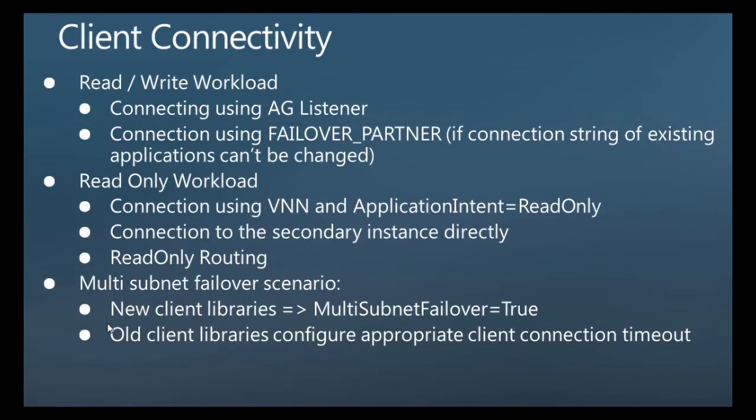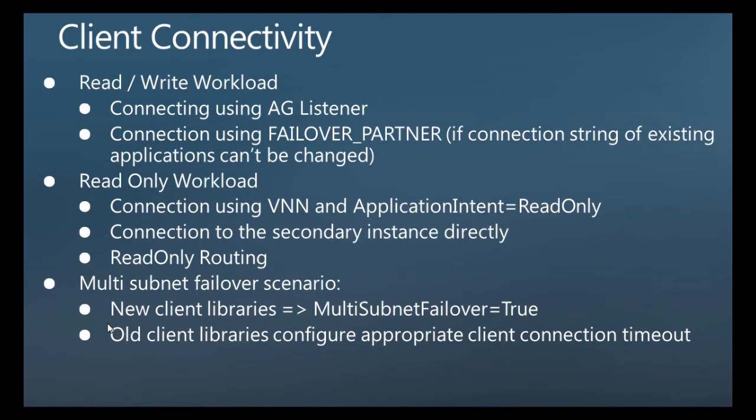Client connectivity. So you can connect to the AG listener with your read-write workload. Another thing I want to mention is if you are using a failover partner keyword in your connection string, it still works, but you need to configure all the secondaries to not allow connections. How the failover partner worked before is it connects to both instances together, and whichever returns first, it will connect.